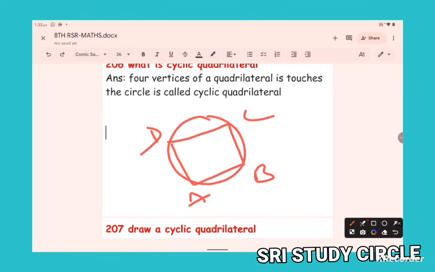If all four vertices A, B, C, D lie on the circle, it is known as a cyclic quadrilateral.